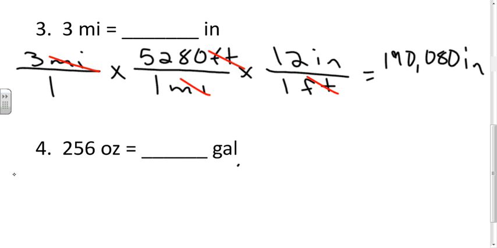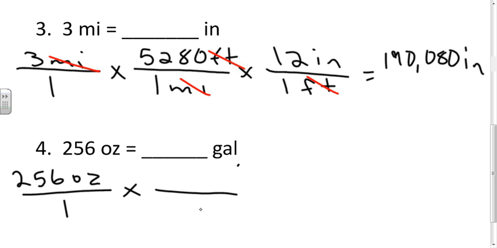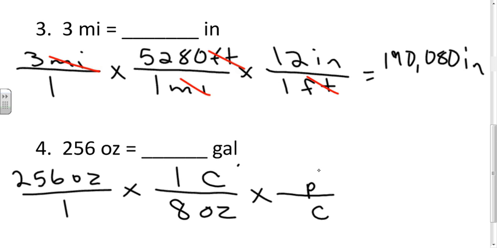And the last one, I need to go from ounces to gallons. So I'm going to start with my ounces here, 256 ounces, and put that over 1. I know I need ounces in my denominator here, and I know I can convert ounces to cups. So 8 ounces is 1 cup. I want cups in my denominator here, and I convert cups to pints. I know 2 cups is 1 pint.